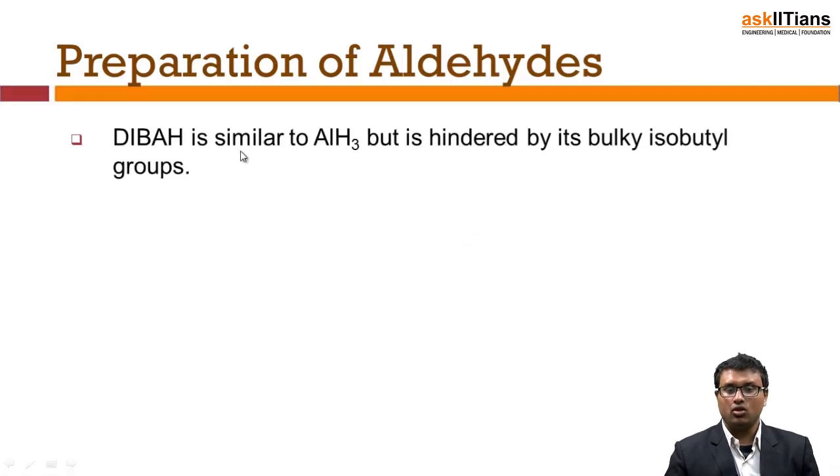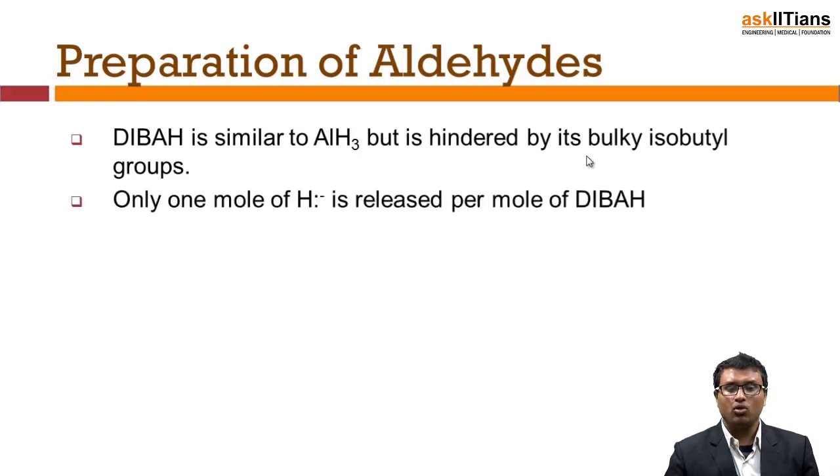DIBAH is similar to another reducing agent, AlH3, and in its structure it is hindered by bulky isobutyl groups. So only 1 mole of H is released per mole of DIBAH, and that is utilized for reduction of carboxylic acid to aldehyde.